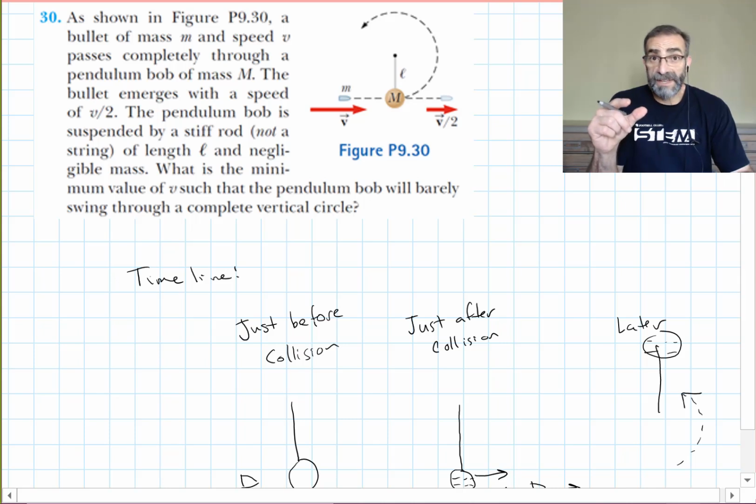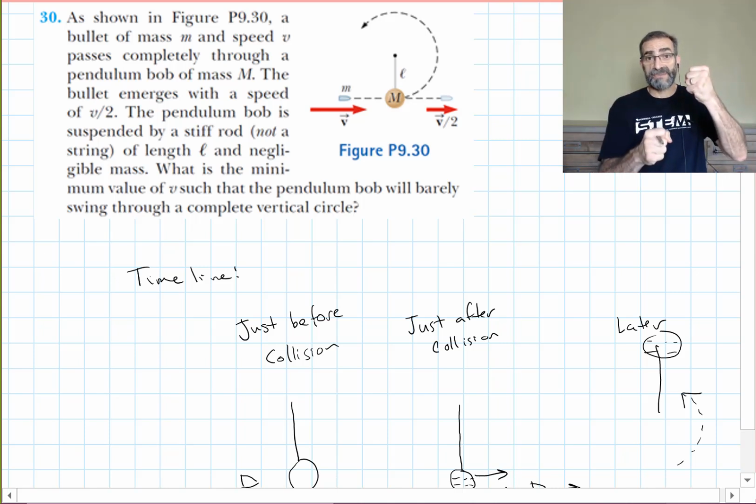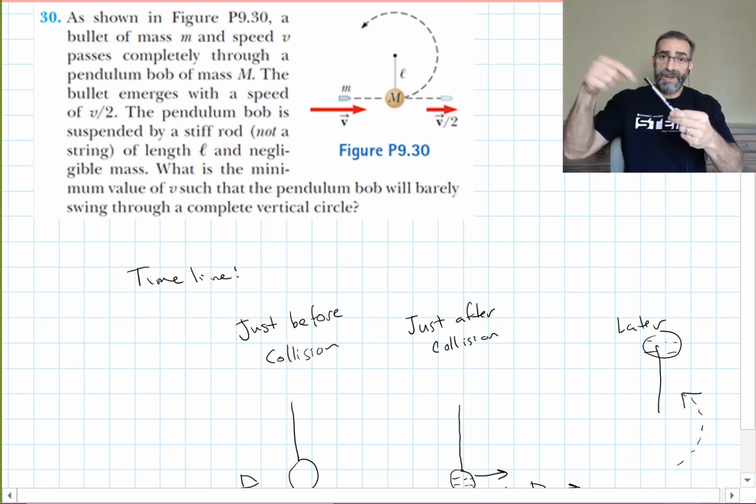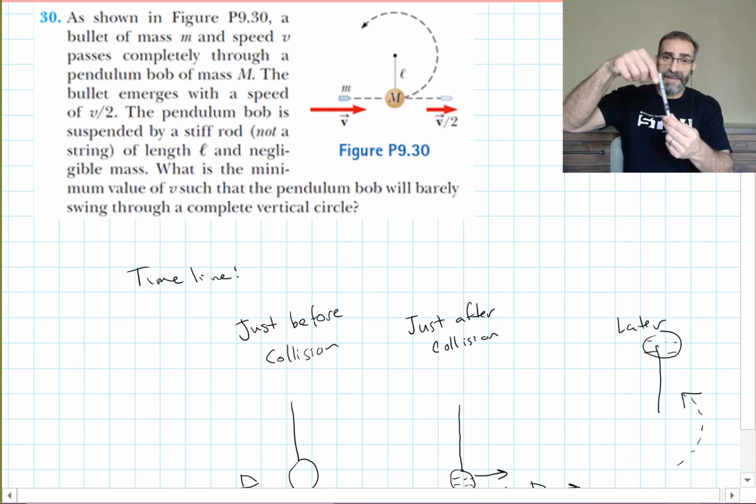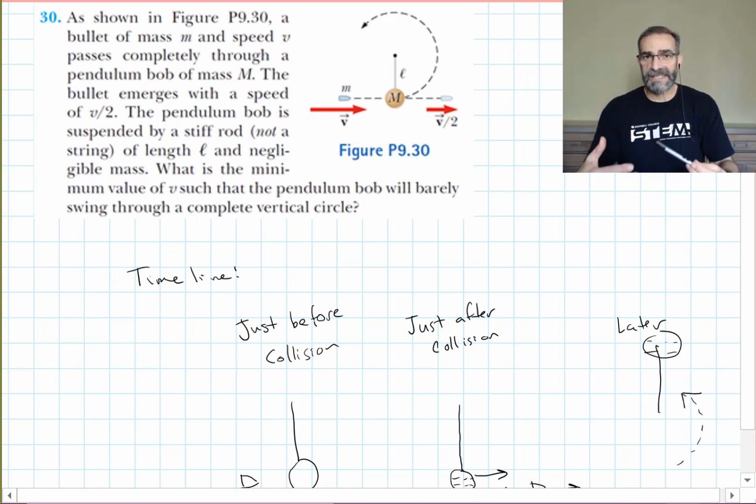So a little bit of maybe a confusing point here is that that pendulum is attached to a solid rod. As it swings around, it cannot fall in to a smaller radius because there's a rigid rod holding it up. So this really isn't a circular motion problem.